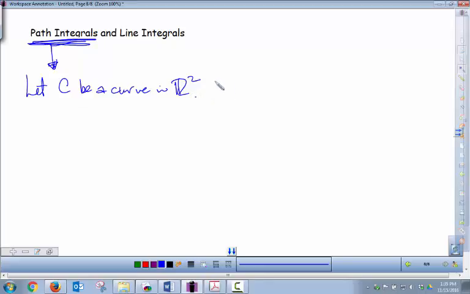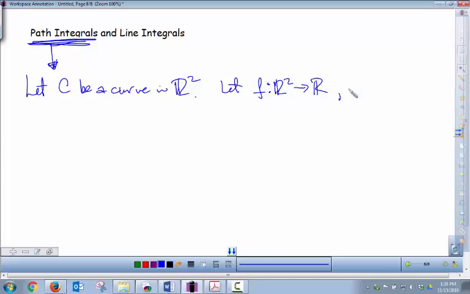And then for path integrals, we're going to let f of x, y be some scalar function. So that means the input is a two-dimensional input, and then your output is a one-dimensional scalar.